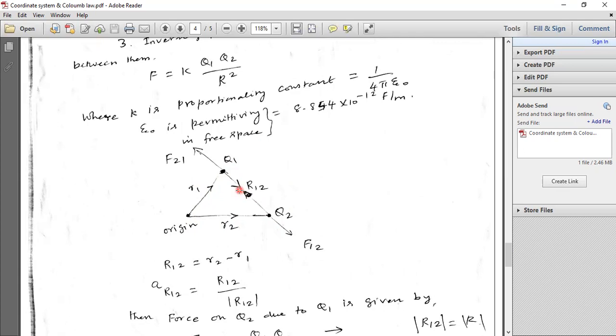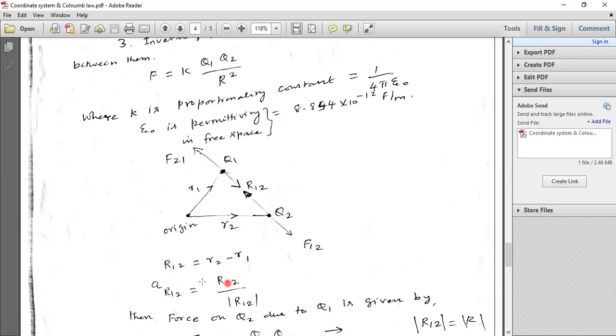We are going to calculate the force on Q2 due to Q1. This is along the line joining Q1, Q2, so it is called F12. Similarly, the force on Q1 due to Q2 can also be found in this direction. These two forces exist in nature, but they are in opposite directions and have the same magnitude.